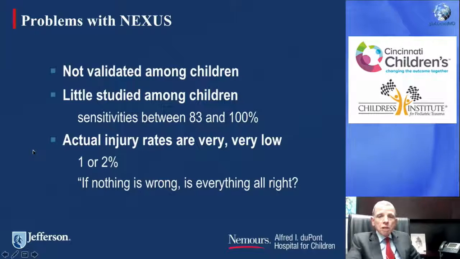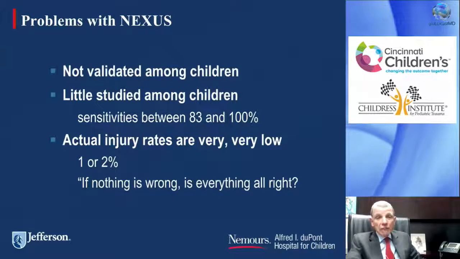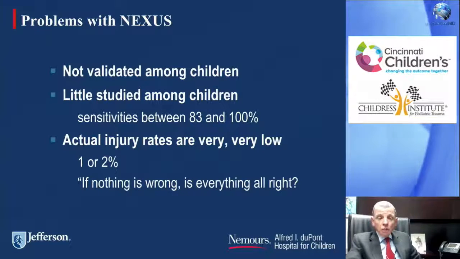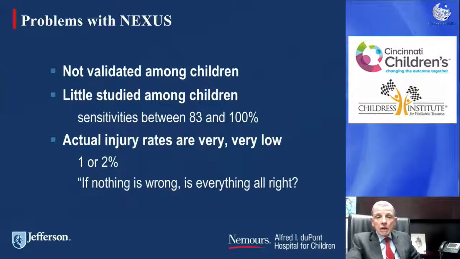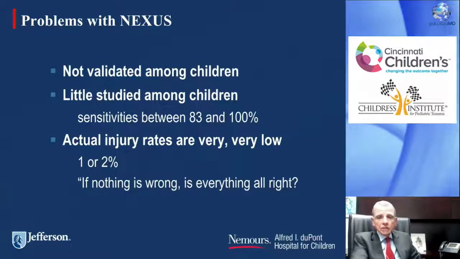The problem with validating a rule like NEXUS in childhood is that actual injury rates are very low. So enormous numbers of patients need to be accrued to get the error bars down to a reasonable narrowness. So we use NEXUS, but with vigilance.